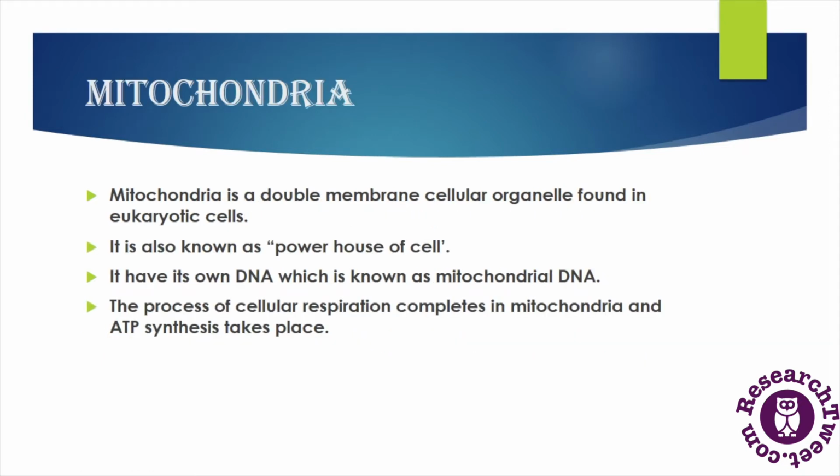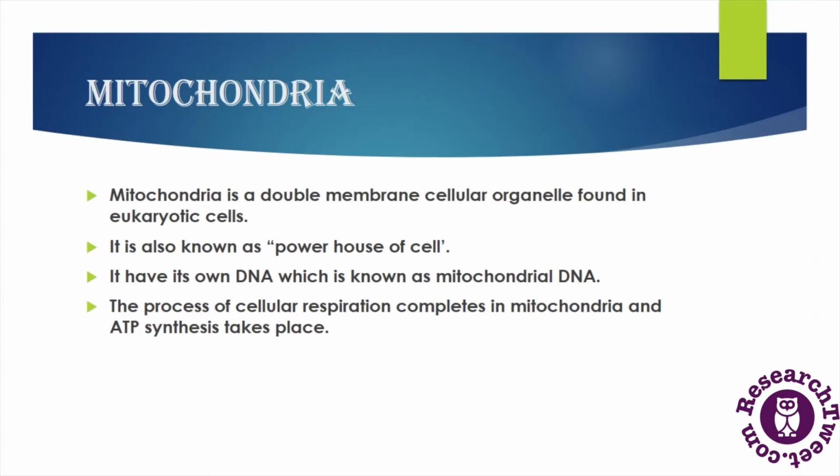Now at first let's understand about the mitochondria and its structure. Basically, mitochondria is a double membrane cellular organelle which is found in eukaryotic cells. It is lacking in prokaryotes, and mitochondria is also known as the powerhouse of the cell because it is engaged in the process of ATP synthesis, and it synthesizes the ATP molecules, which are termed ATP currency or energy currency for our body.